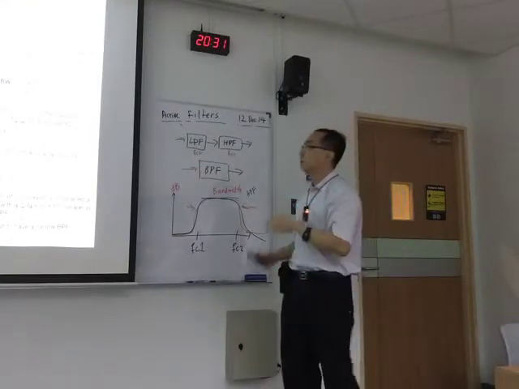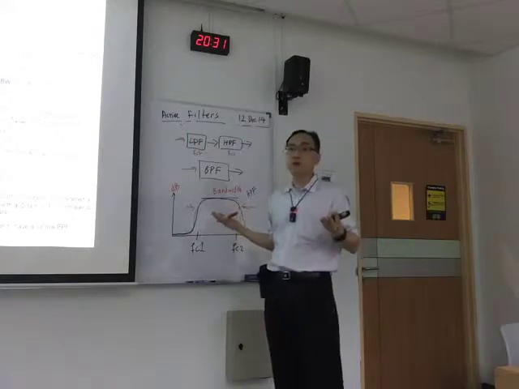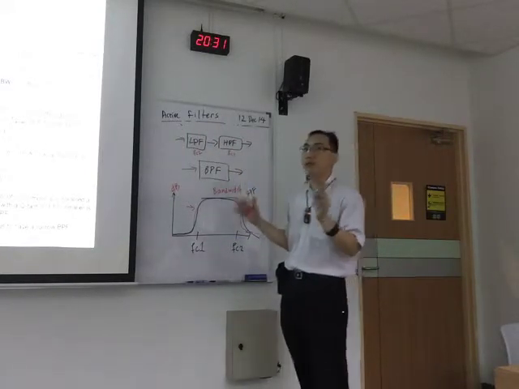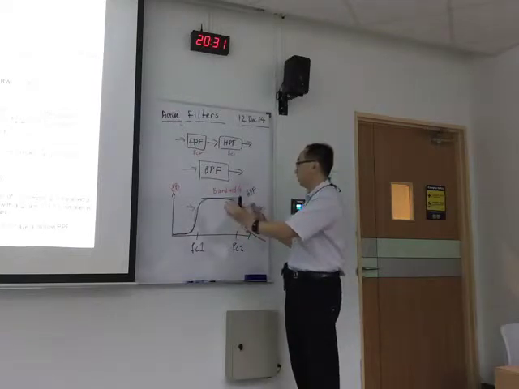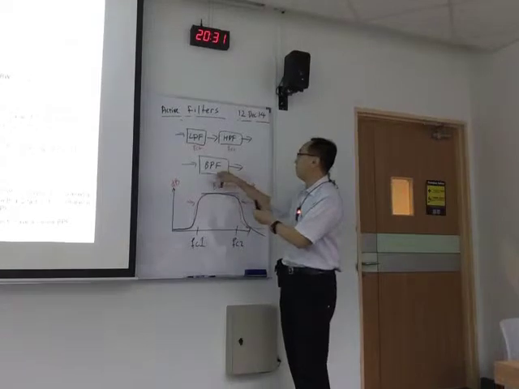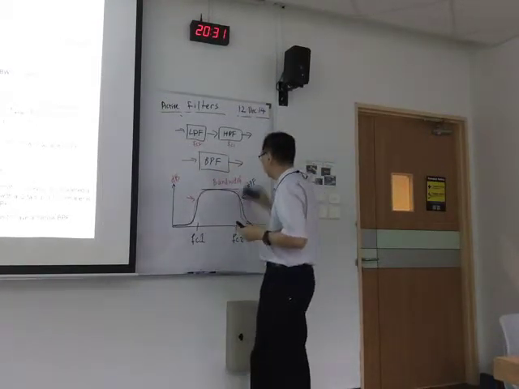So this is the bandwidth. What is bandwidth? Or the pass band. We call it the pass band. Pass band means the frequencies that can pass through this filter. Normally, this band pass filter has a certain range. Maybe I give you an example.